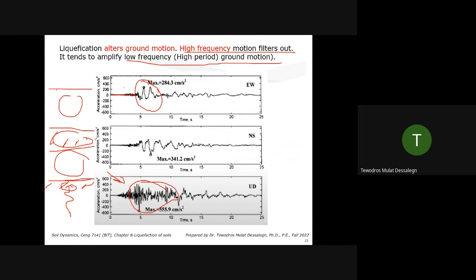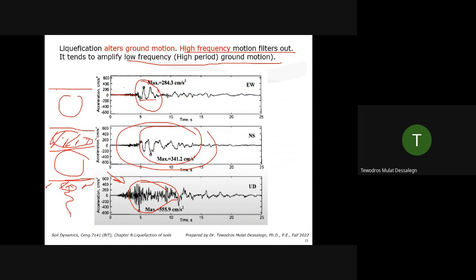But somehow, through the depths, the high frequencies are lost, and only the low frequencies are observed. This is because that liquefied layer is filtering out the high frequencies. It's passing only the low frequency wave because it's turning almost like a liquid, right?